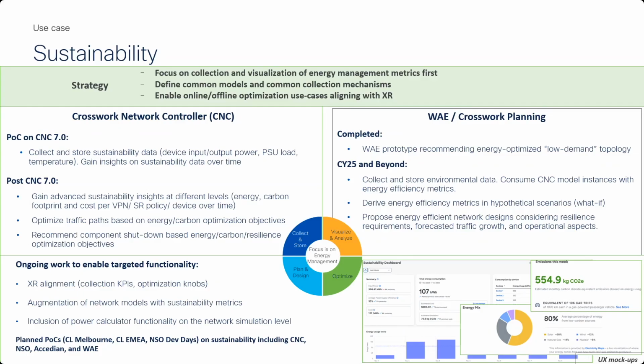The CNC, the IP domain controller, is able to do this. We already have a first implementation, and we are working to make sure that all of these elements will be used more and more in the optimization of the network. So this is again another use case on which our automation is a key element for achieving the goal that Cisco has in the network.